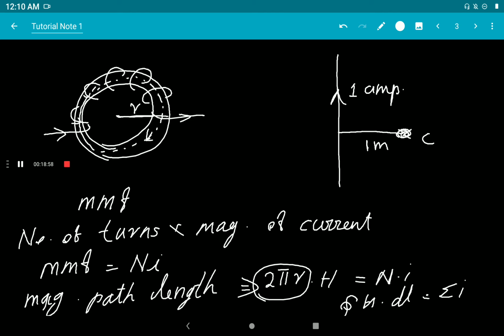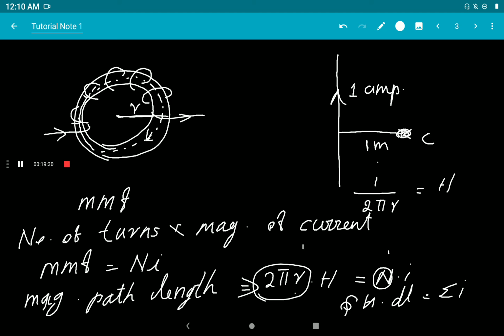Then we already know that 2 pi R into H is equal to Ni. From this equation, you can write I by 2 pi R is equal to H. Because here we are considering only one conductor, N becomes 1, and the distance R is 1 meter.